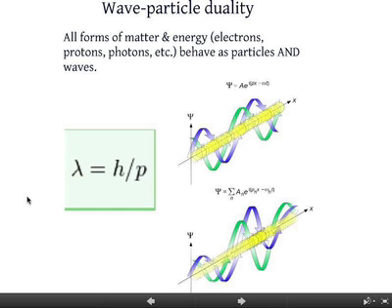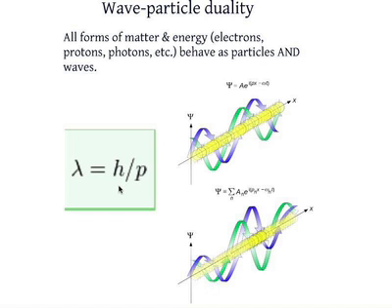And the postulate was made by de Broglie as follows, that the wavelength of a particle is related to the momentum of the particle. So remember what's saying here is that if a particle is also a wave, then the question arises, what does that wave look like? Now, how do what we generally consider the properties of a particle, how does that relate to a wave? Okay, so the general property of a particle is its momentum, its mass times its velocity, right?